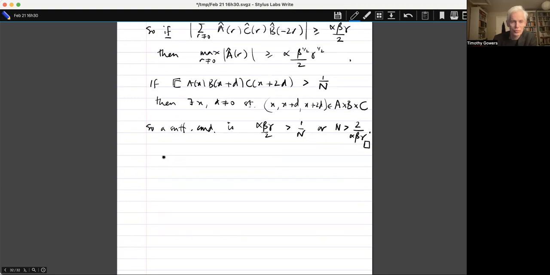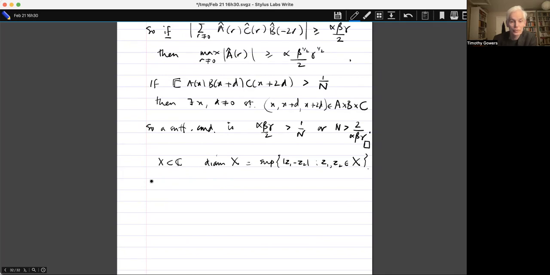Perhaps this isn't really important, but maybe I'll just say in advance. If I've got a set of complex numbers X, then the diameter of X is just what you think it is. It's the sup of the absolute value of z1 minus z2, such that z1 and z2 belong to X. And in fact, we're only going to be talking about finite sets, so the sup will be a maximum.